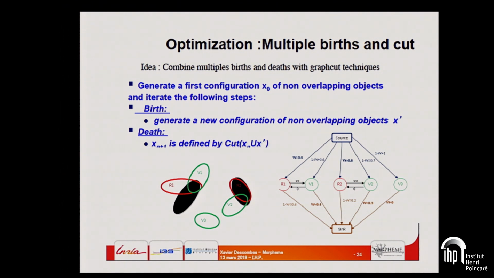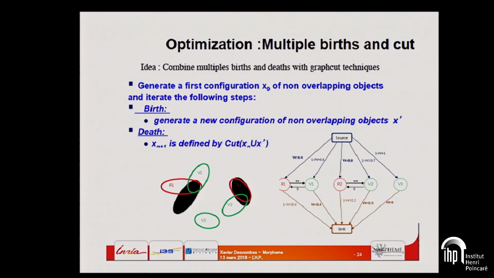Finally, if we follow what has been done in Markov random fields, people said, okay, stochastic algorithms are good, but they are slow, so they define some approximation using a deterministic algorithm like GraphCut. So here we can say, let's take the multiple birth and death, and instead of using this probabilistic death, let's get an approximation using GraphCut.